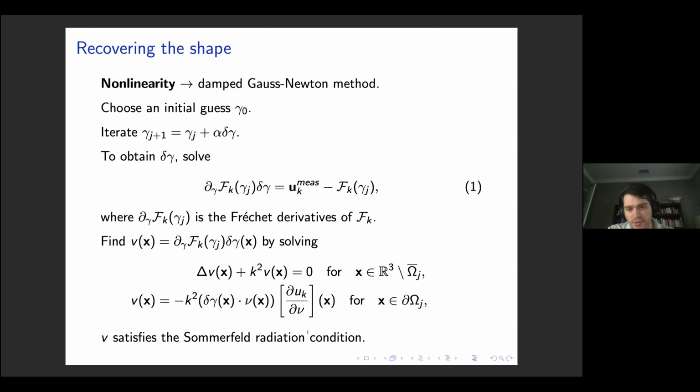The nice thing of solving this problem is that it's the same PDE that we solved for the forward problem. So all the machinery that was built to solve the forward problem can be reused to solve this type of inverse problem. All right.